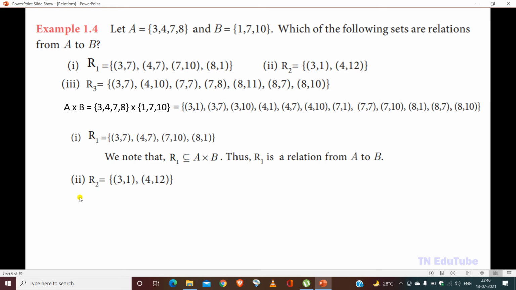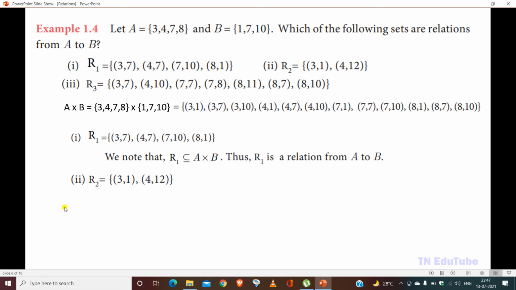What is the second question? R2 equal to (3,1), (4,12). This also you have to check. (3,1) is there. (4,12) is not there, isn't it?